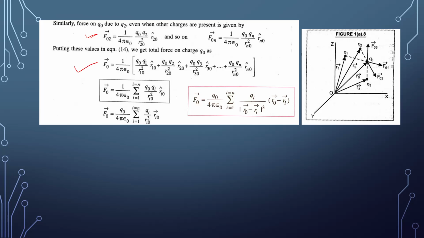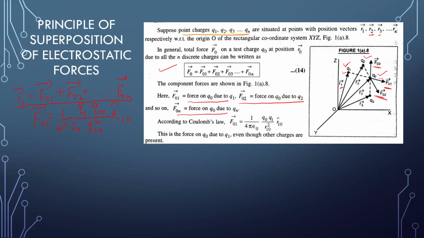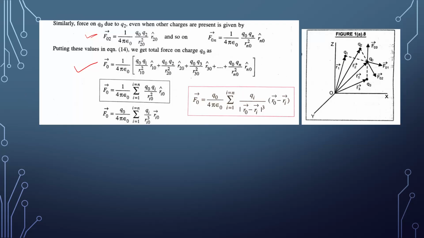How do we write this down? 1 upon 4 pi epsilon naught is common, so we take it outside and put a bracket, and we write Q0 Q1 upon R10 square into R10 cap, this expression.